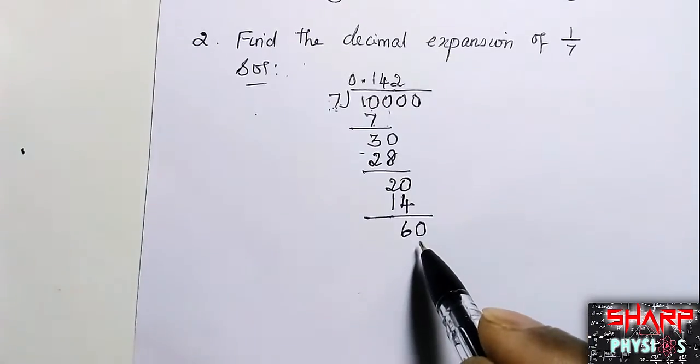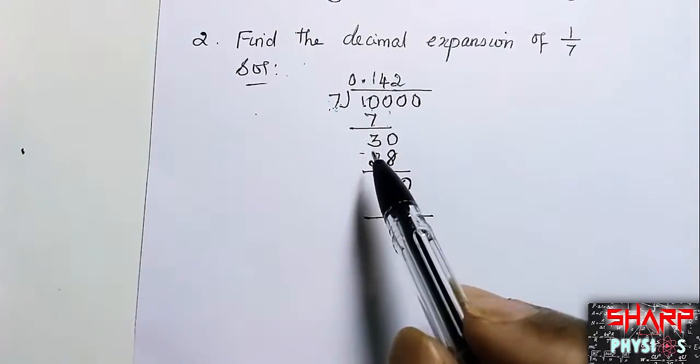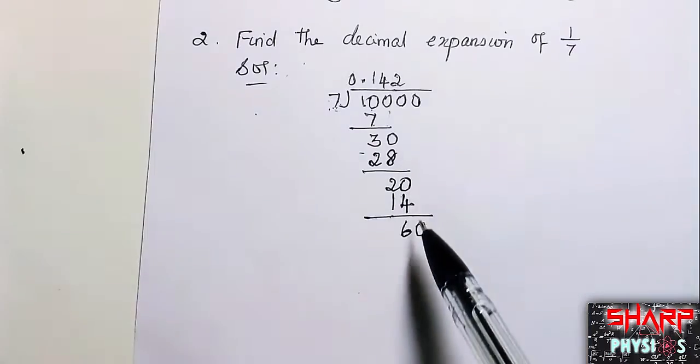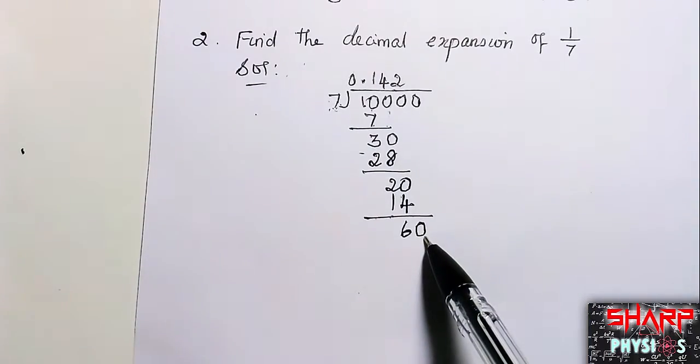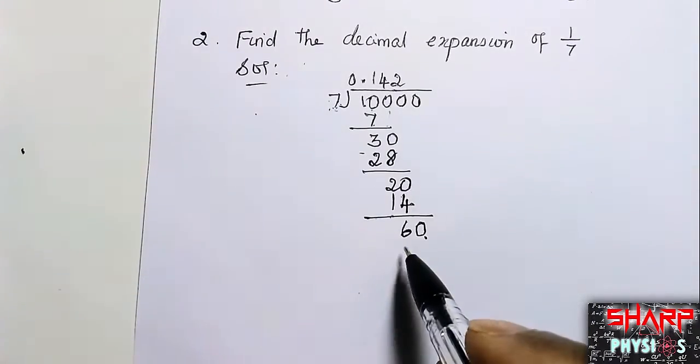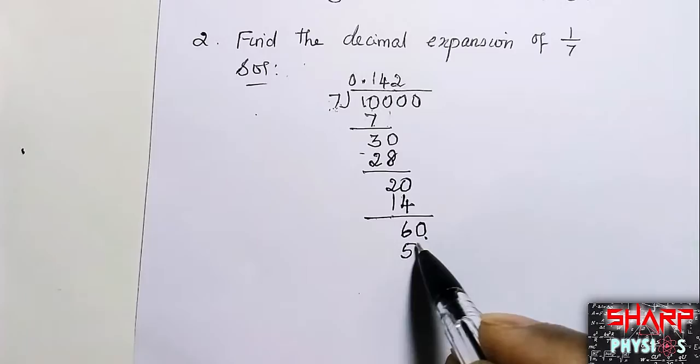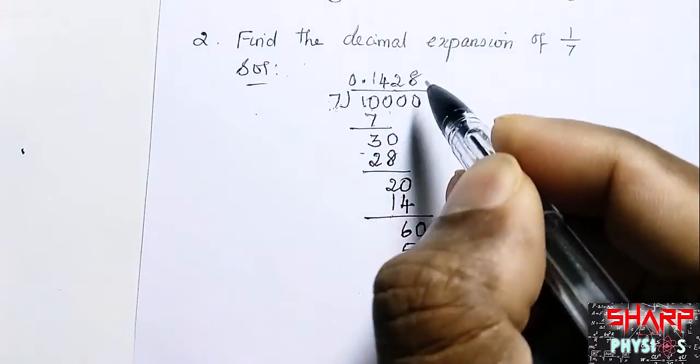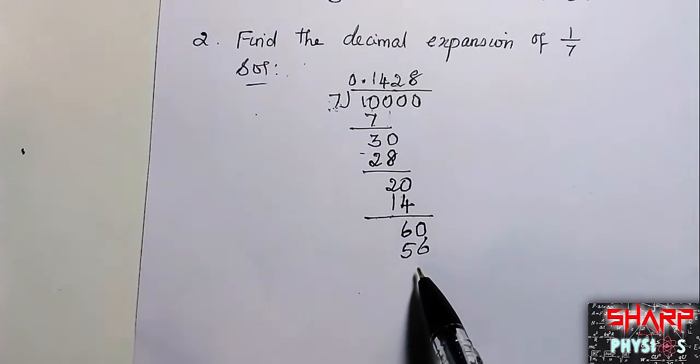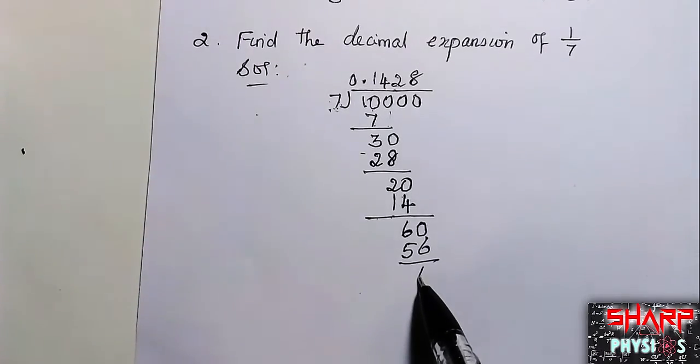It becomes 60. 7 fives are 35, 7 sixes are 42, 7 sevens are 49, 7 eights are 56. So you get a remainder 4.